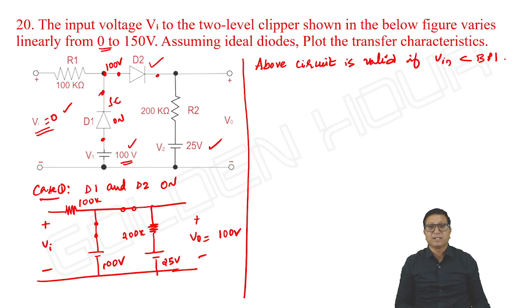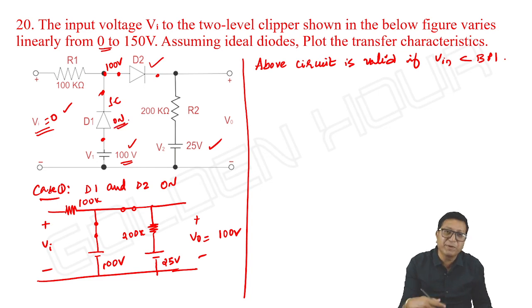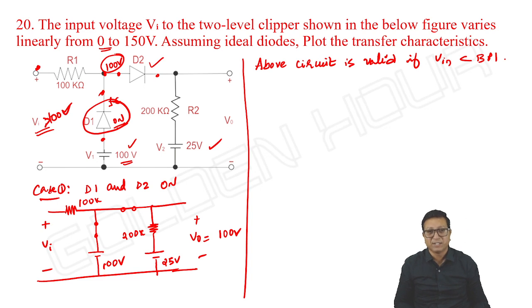Then the input is greater than breakpoint 1, such that the diode D1 is off, maybe above 100. It is more than 100 volts so D1 is becoming off. And what about the status of D2? Here the input is more than 100, which means the voltage here is also more than 100.